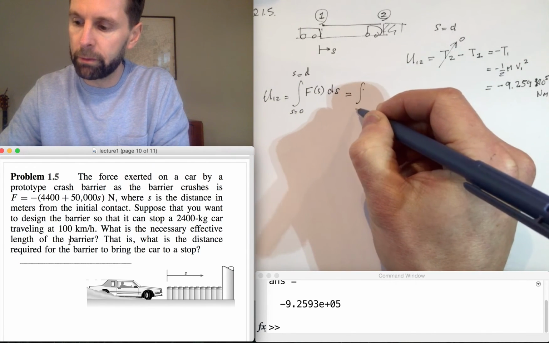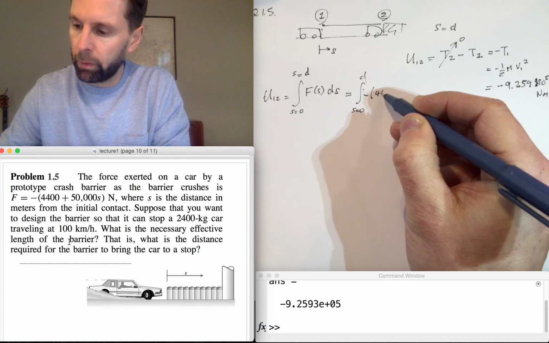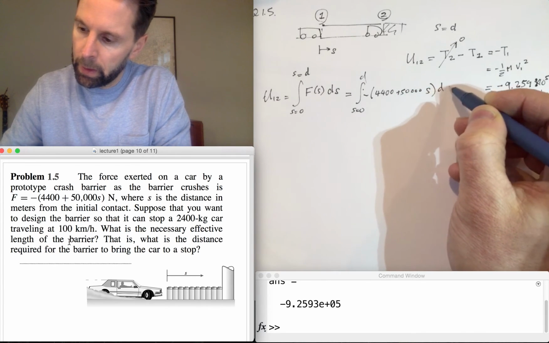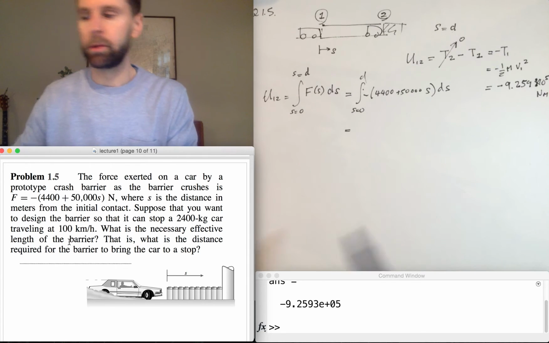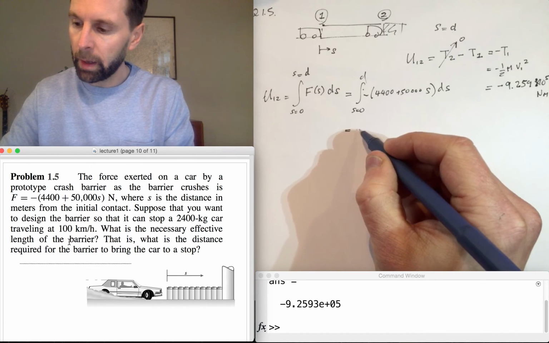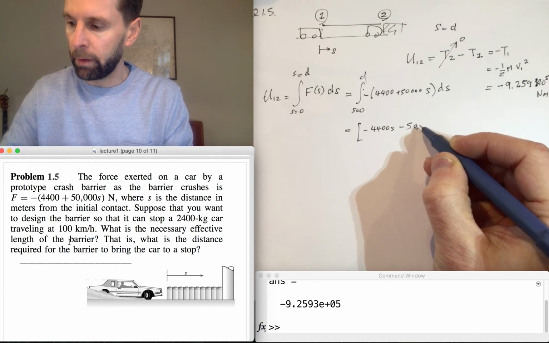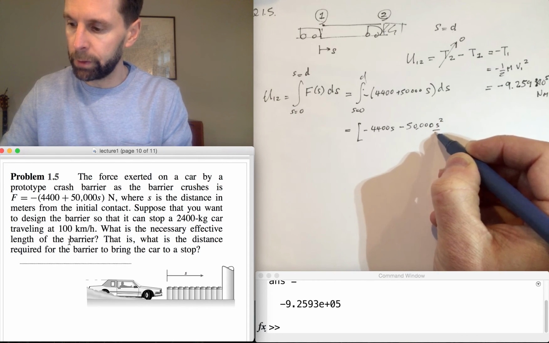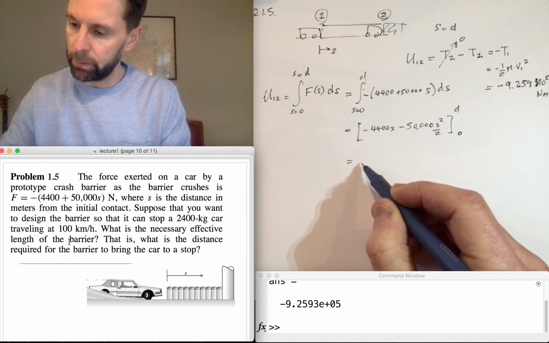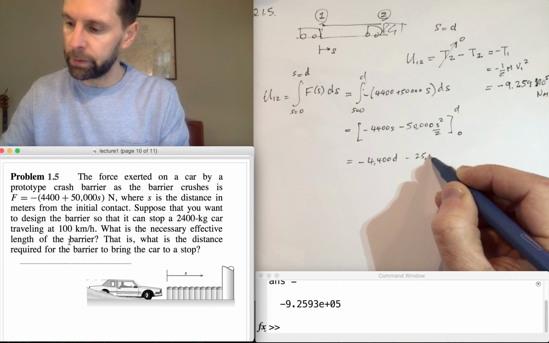and the question tells us that this force function is equal to minus 4,400 plus 50,000 S. And I'm going to do some integration now, because we've just got a very simple function of S. So it's got minus 4,400 S minus 50,000 S squared over 2, evaluated between D and 0, and that is equal to minus 4,400 D minus 25,000 D squared.